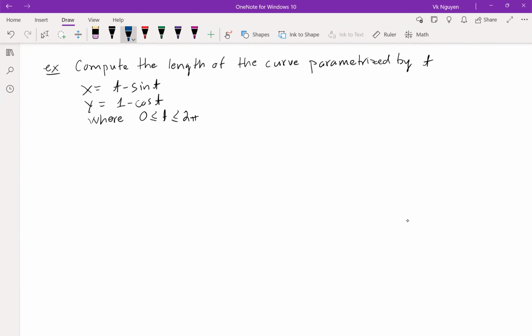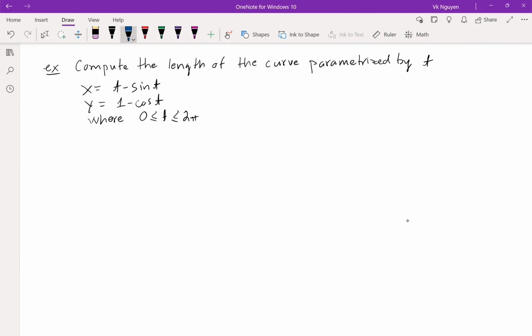Example: compute the length of a curve parameterized by t. x equals t minus sine t, y equals 1 minus cosine t, where t is between 0 and 2 pi. Some curves are very difficult to sketch, for example this one.